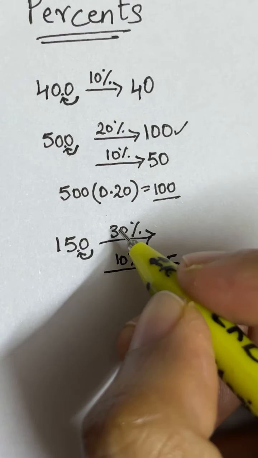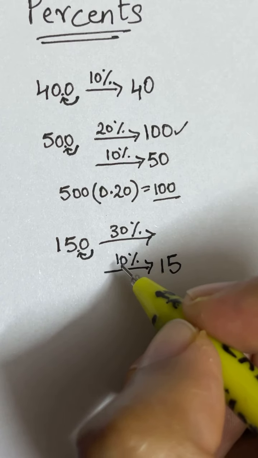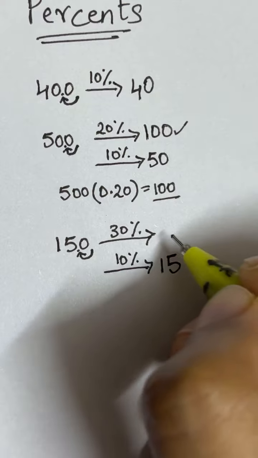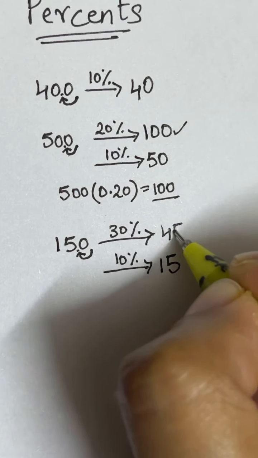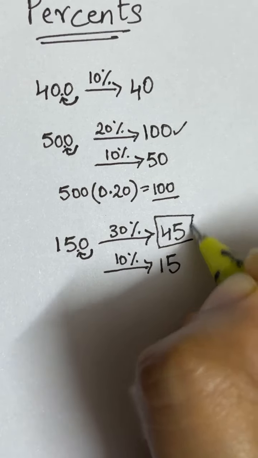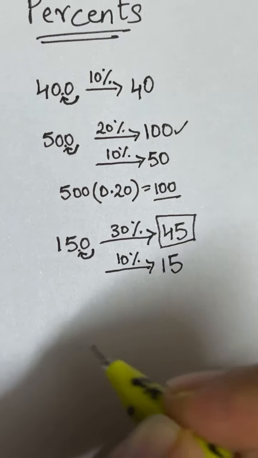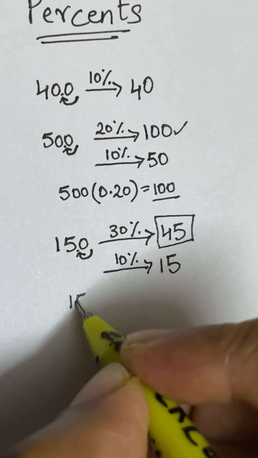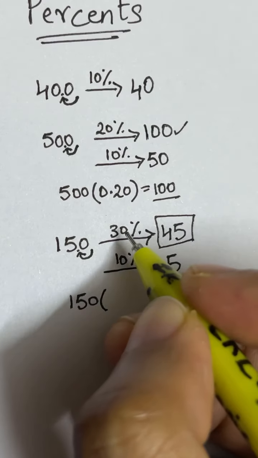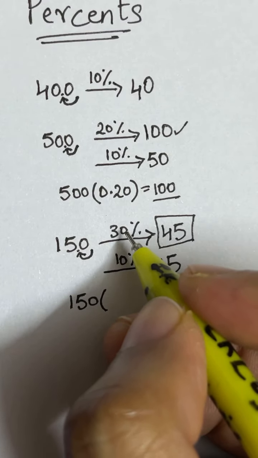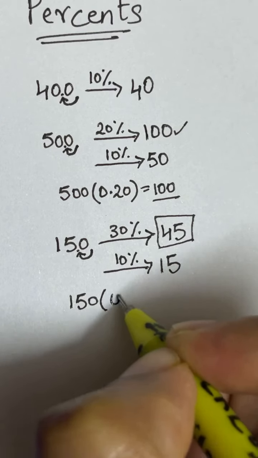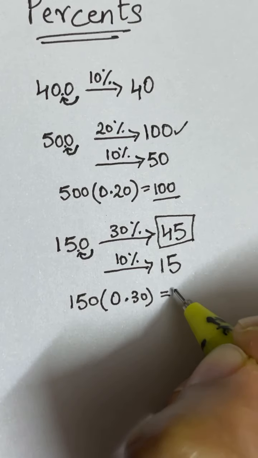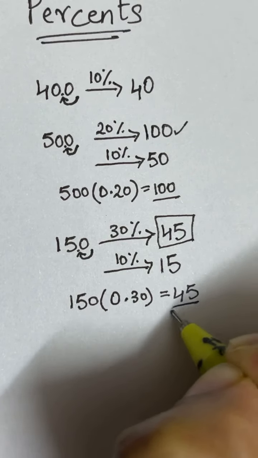And what is 30%? Just multiply 3 times 10, which gives you 30. So 3 times 15 gives you 45. And that's your 30% of 150. You can also check in your calculator by inserting 150 and taking the decimal. 30% in decimal is 0.30, and if you insert this in your calculator, you're going to get exactly 45.